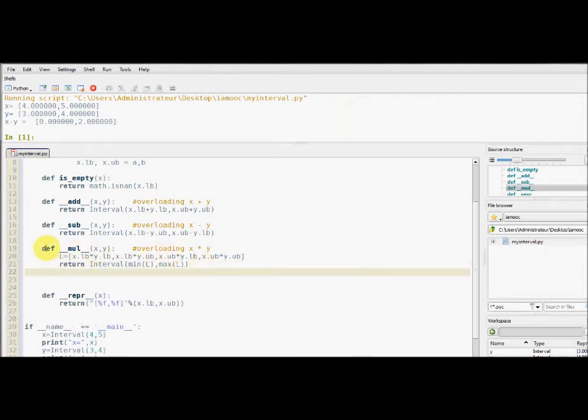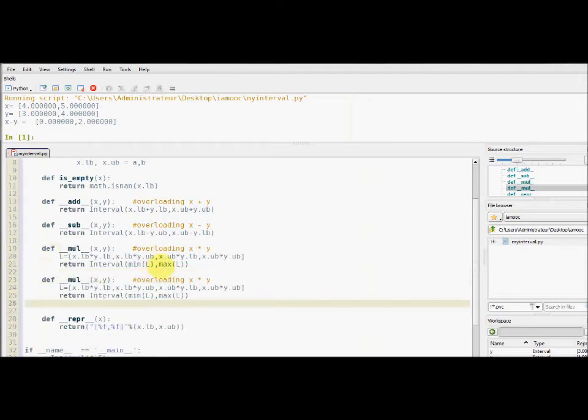Now I can have other type of multiplication. For instance, if I write a real number, for instance, if I write 2 times x, where 2 is not an interval but a real number, so in Python I have to write the rmul keyword. So for this I will return x.